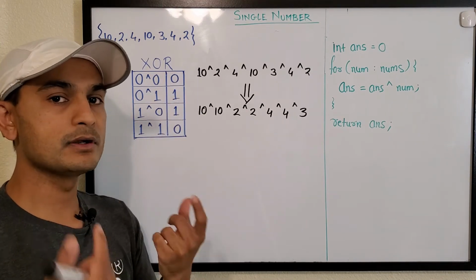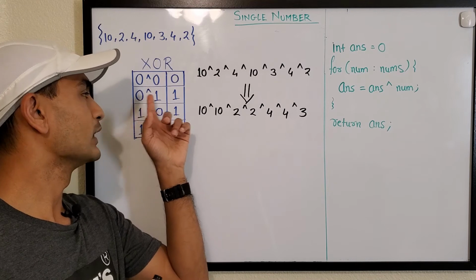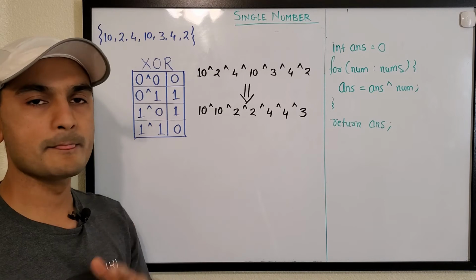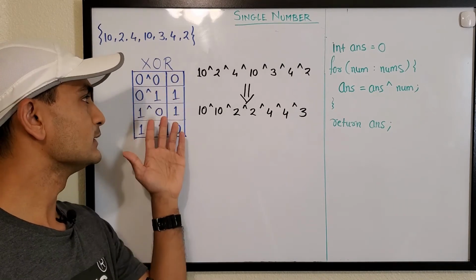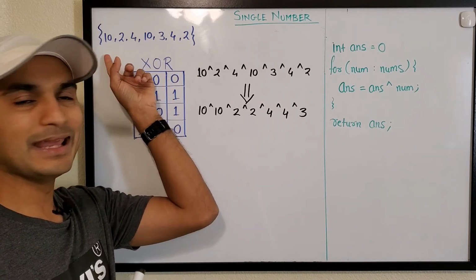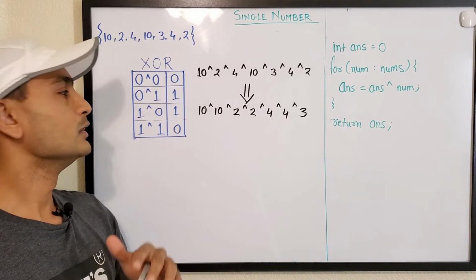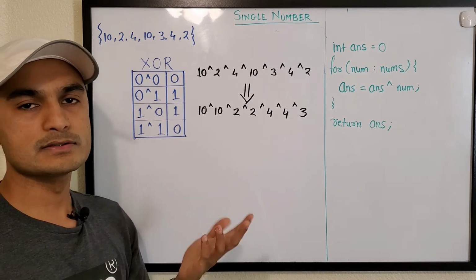If you XOR different bits like 1 XOR 0 or 0 XOR 1, then the output is 1. So knowing this, we'll XOR all the numbers with each other, and then eventually we'll get the number which is left out.